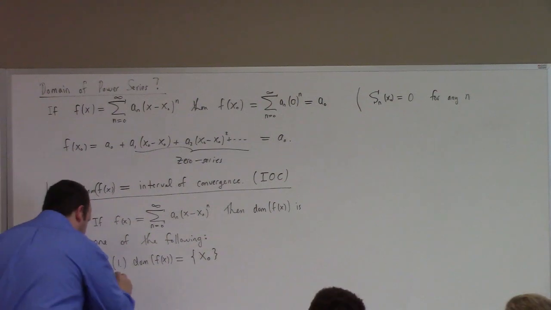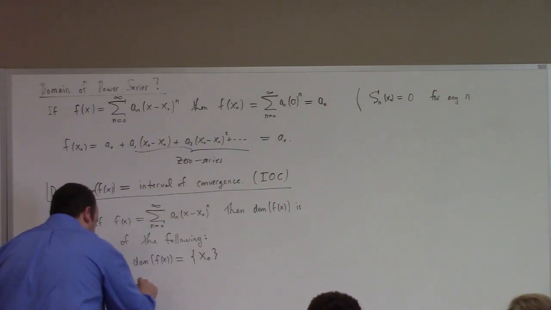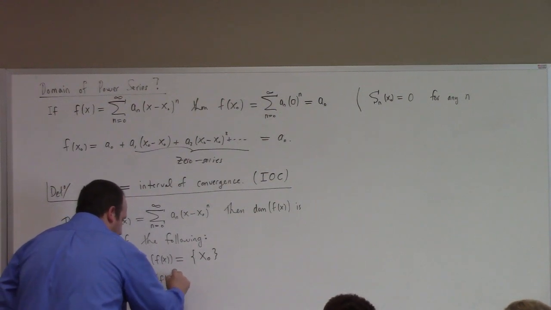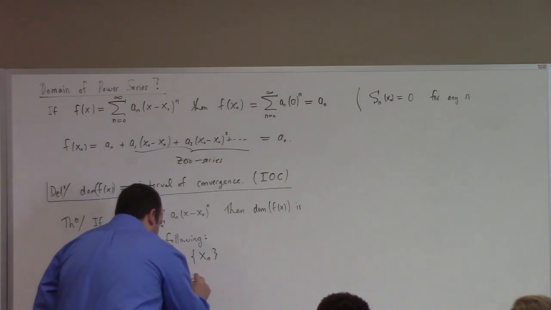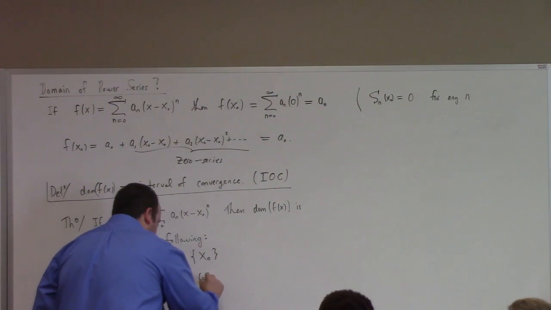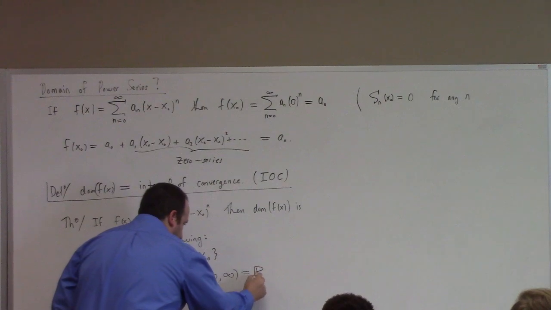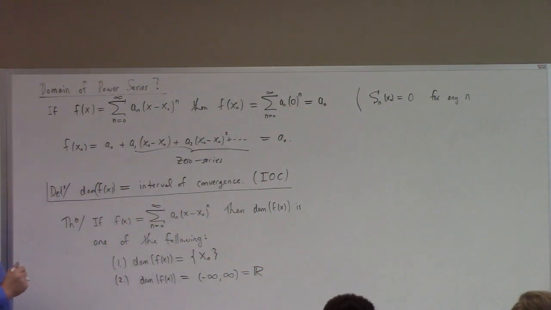So that's one case. The other case is you could have that the domain of f of x, and I'll illustrate all these cases in just a second here, guys, is the whole deal. It could be the whole real line. That's what that symbol means. That's the real numbers. That's another possibility. It could be that the power series makes sense and converges for any x. But the third case is actually 4 cases.